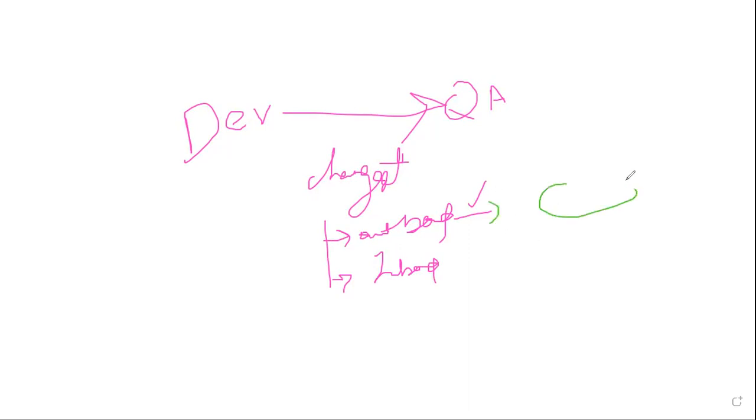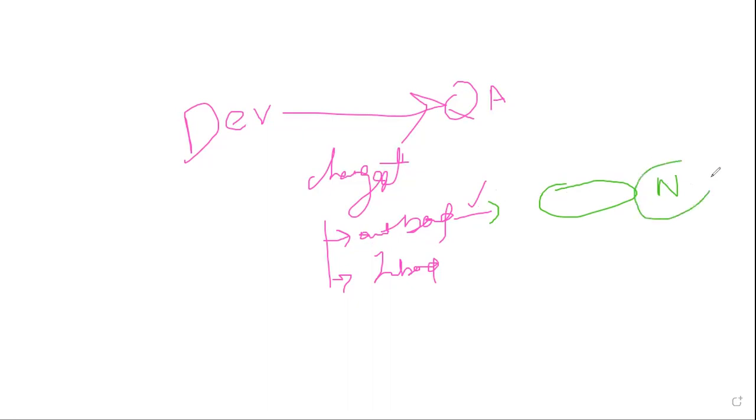In the outbound change set, you can add all the components. Let's suppose you are creating some flow, and in the flow you might use some new field. If you add the flow to the outbound change set and validate it, it will give you a dependency: if you want to move this successfully, you need to add this field also. It gives suggestions, and based on that, you can add the fields into this outbound change set.